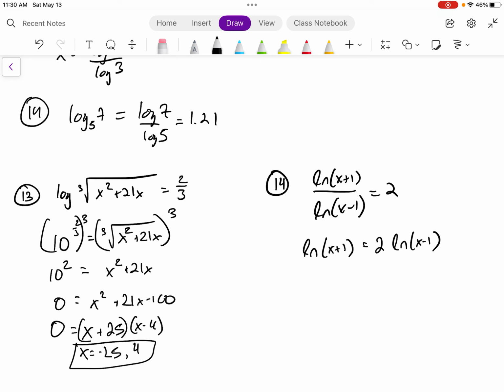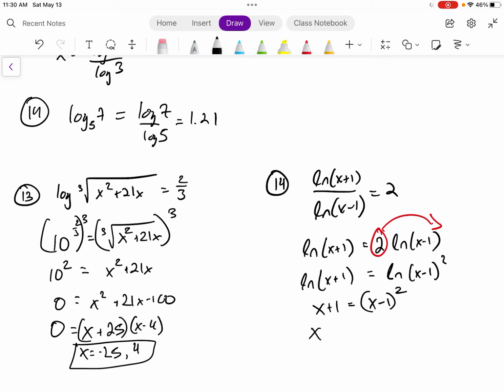This is tricky to see, but we're going to want to take this x minus 1 and square it. We're going to move that up into here, so we say ln of x minus 1 squared. Now I have a natural log of something equal to a natural log of something else, so I know that my somethings must be equal.